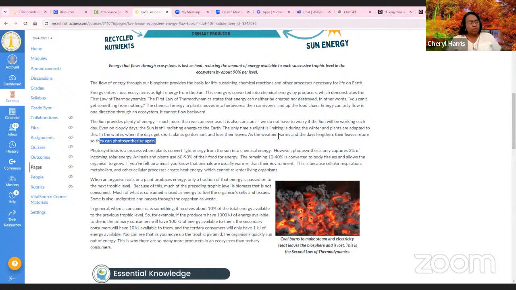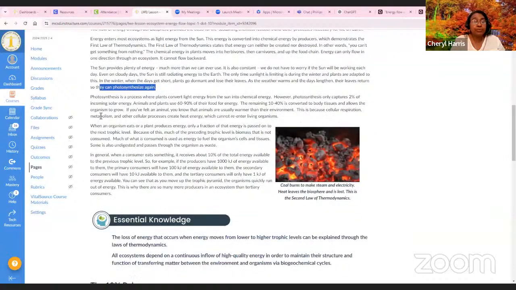So they store the energy in the trunks of the trees and the branches, and they function off of that through the winter. And then when it starts to get warmer again, photosynthesis starts to activate, then the leaves come back. So photosynthesis is temperature sensitive. It is also light sensitive. Those are two important limiting factors that regulate photosynthesis.